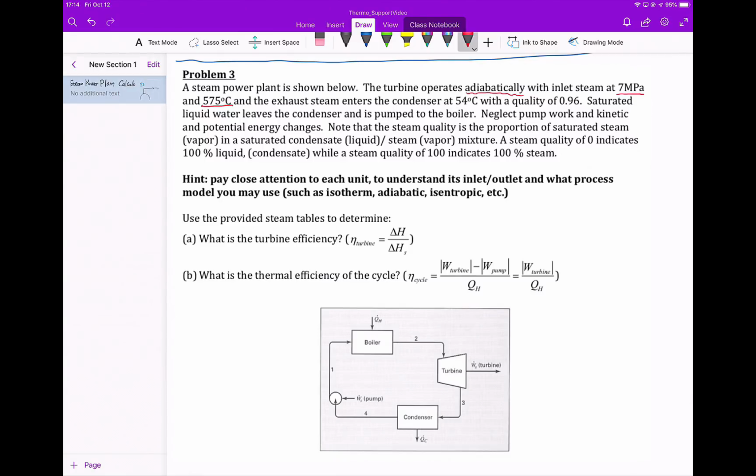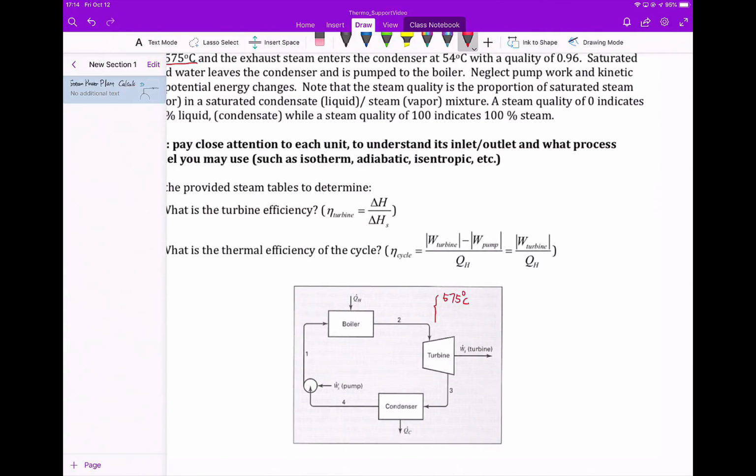This is the turbine, and the inlet is coming out of here. So here I'm going to have 575 and 7 MPa.